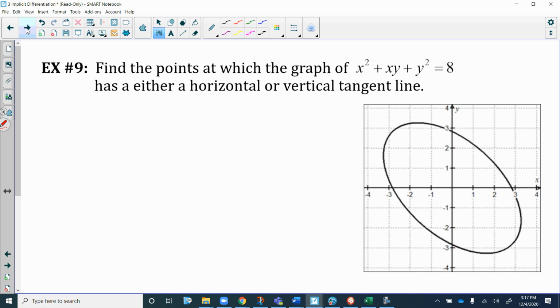Now in this case, this last example that we have is asking us to find where we're going to have horizontal or vertical tangent lines. And if I remember correctly, I don't think the graph that I have here on the presentation is exactly what you should have in your notes.